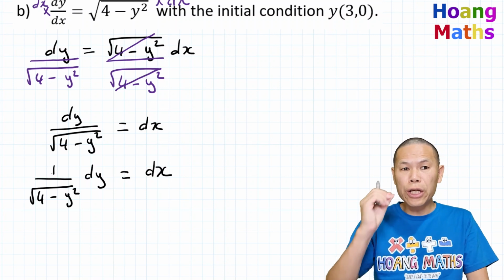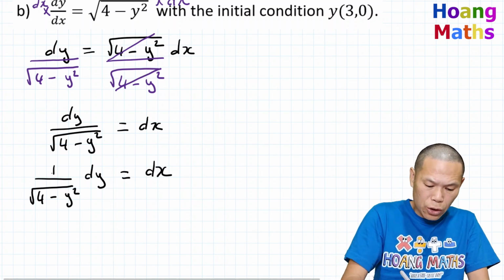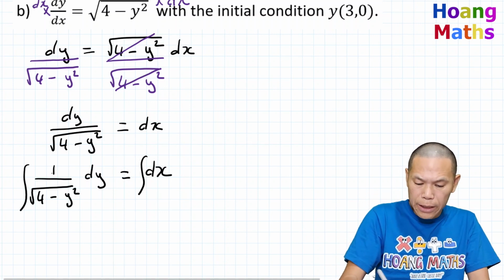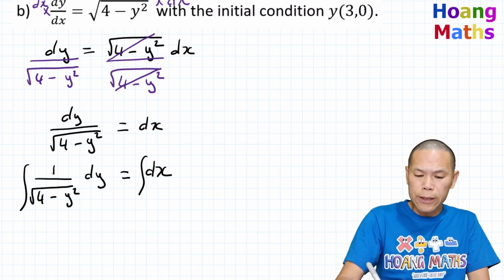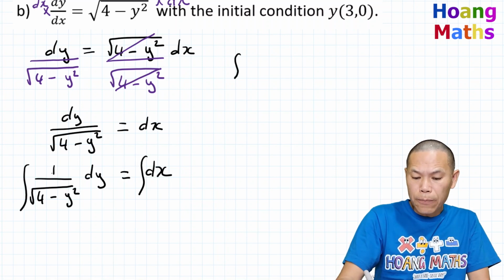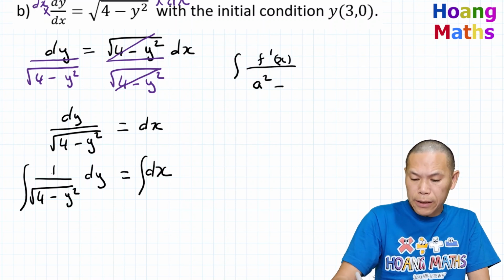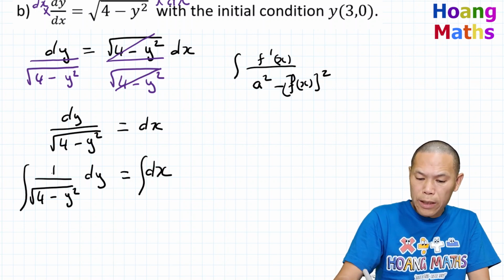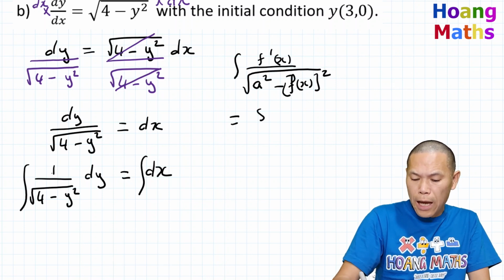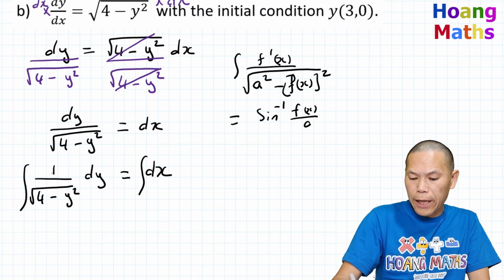Now I just integrate both sides. I integrate this side and I integrate this side. Now don't forget, if we integrate f dash x over square root of a square minus f of x all square, that will give me sine inverse of f of x over a.